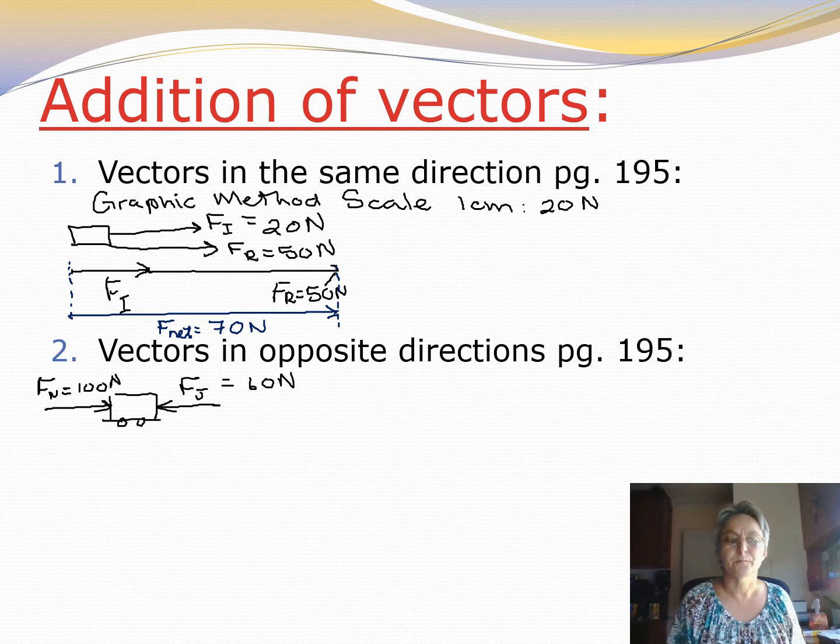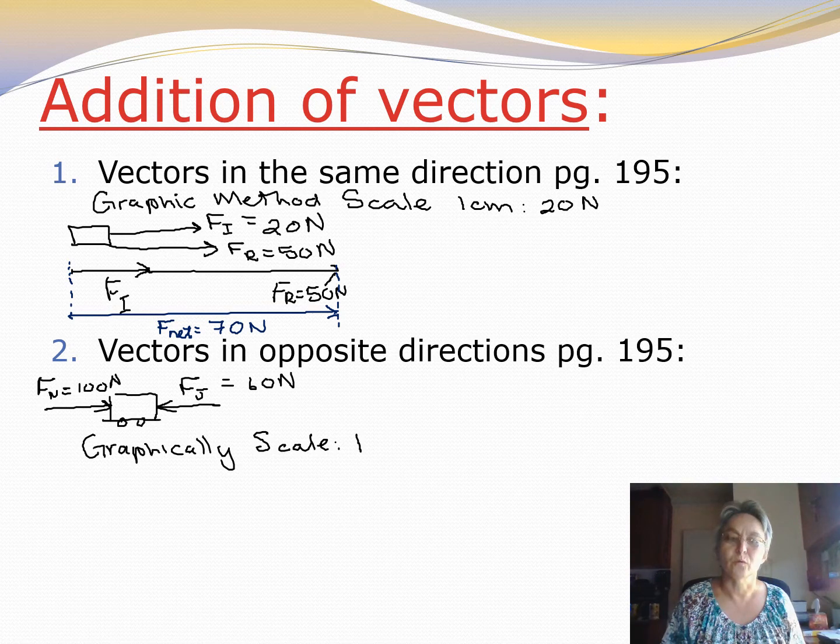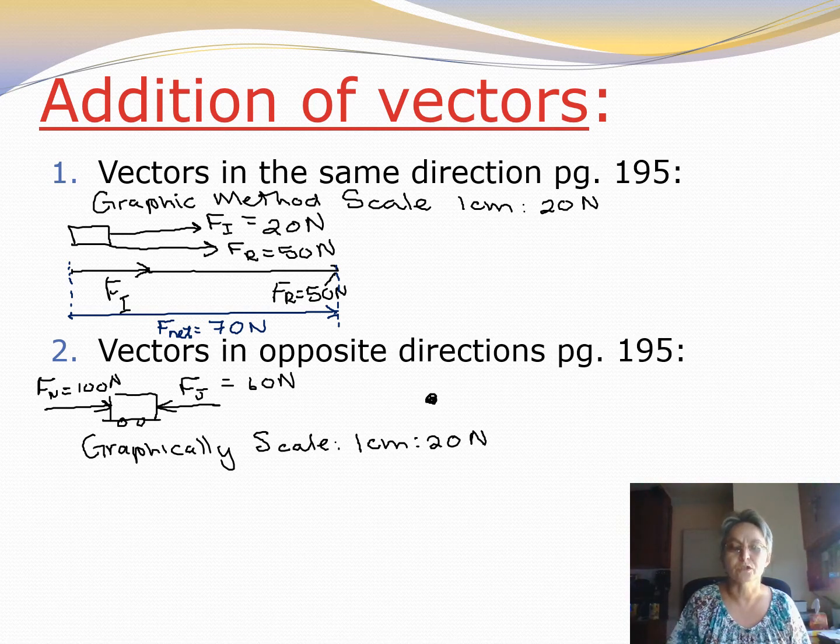Right, so if we're going to solve this problem graphically, we need to choose a scale. A suitable scale in this case would also be 1 centimeter to 20 newtons. And it's always good to draw a free body diagram where we join the forces by the tails, at the dot.